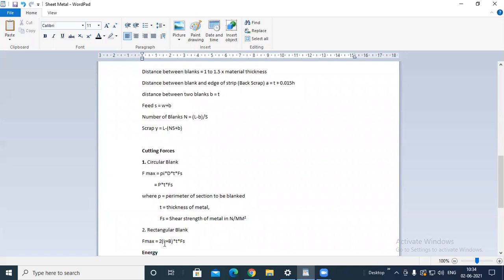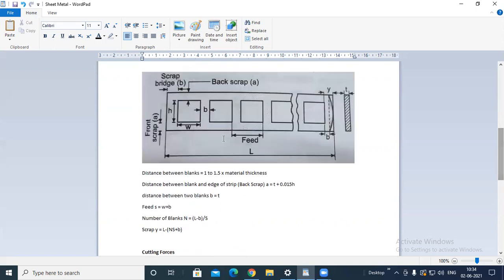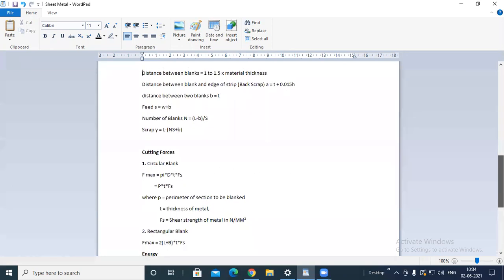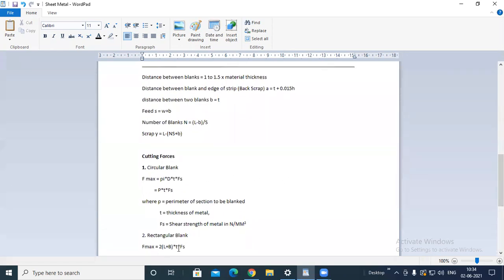L and B are the length and width of the rectangular blank. Here you can see H into W, but here the annotation used is L plus W into T. T is the thickness of the metal, and Fs or sigma s is the shear strength of the material, which is in Newton per mm square.